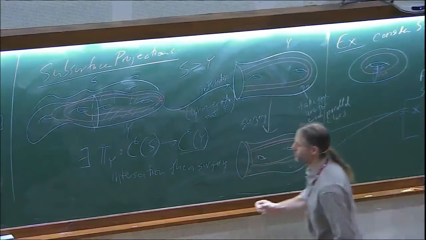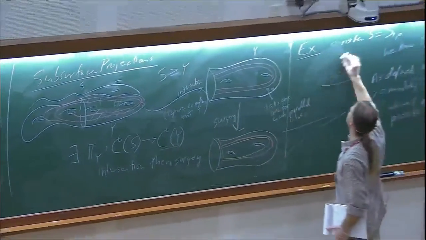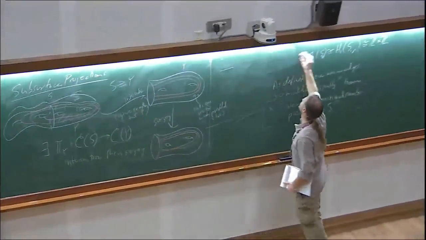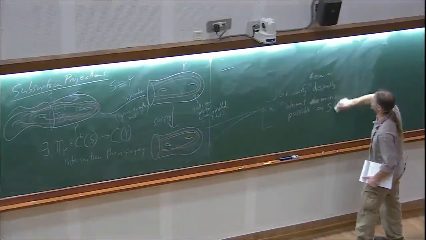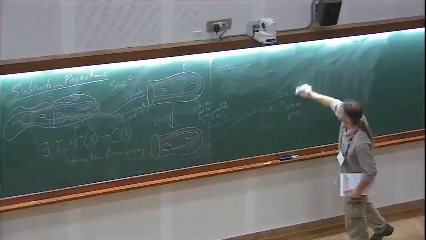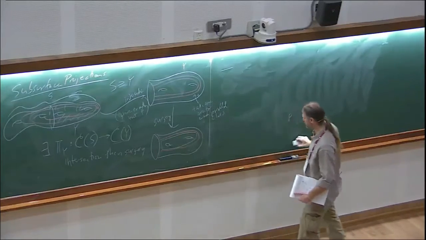Let's write that as a little remark. Technically I don't get a map to the curve complex of Y, I get a map to the power set of the curve complex of Y. I get a subset of those curves, but that subset is bounded diameter, so it doesn't matter which one I choose.